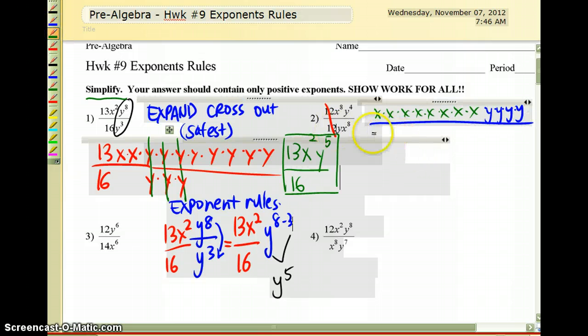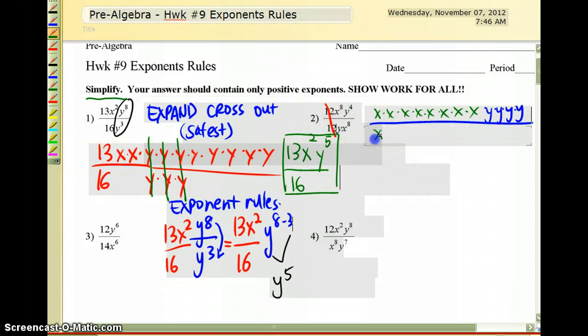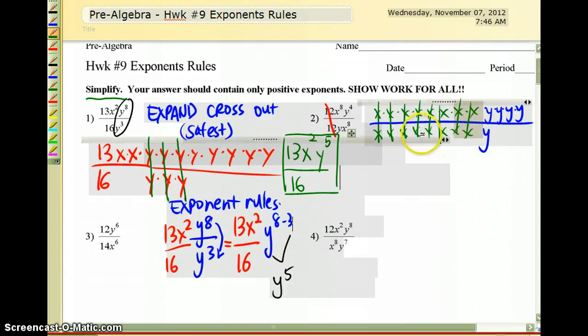And then the x's, I have 8 x's, so I'm going to put that underneath the x's. It seems like I have the same number of x's above and below. I'm going to line that up a little better. Then my y's, I happen to have 1 of them. So if I cancel all 8 x's out, what I get left is 1, because all of this simplifies to the number 1.